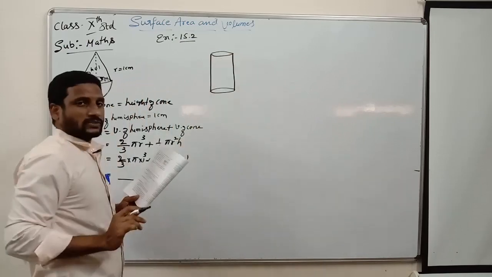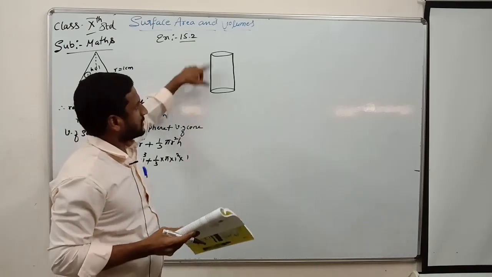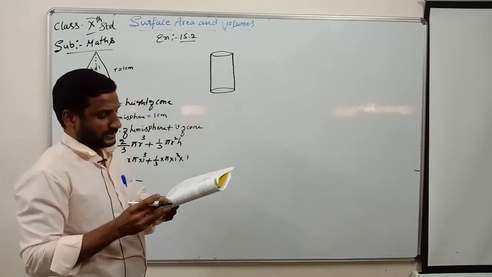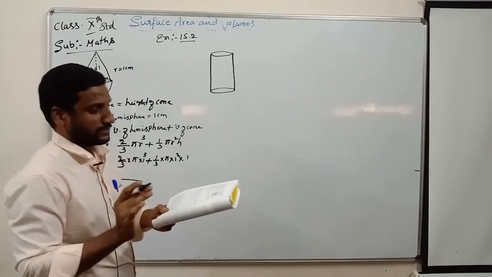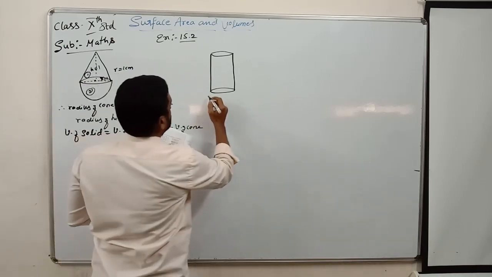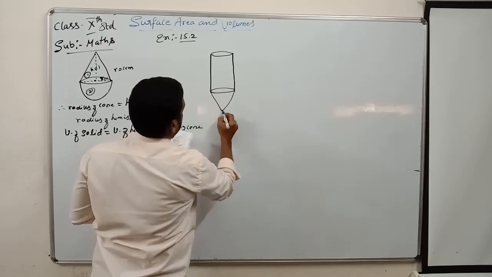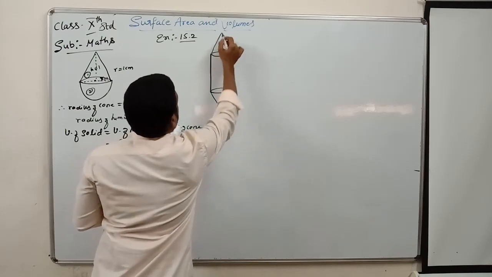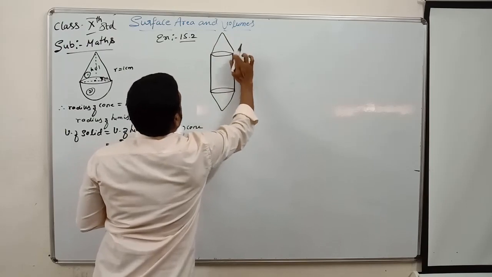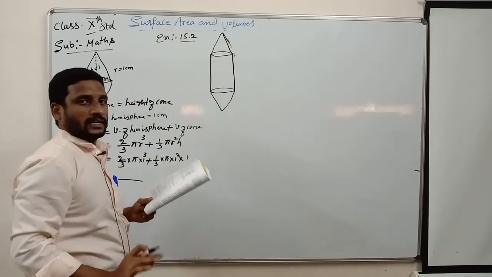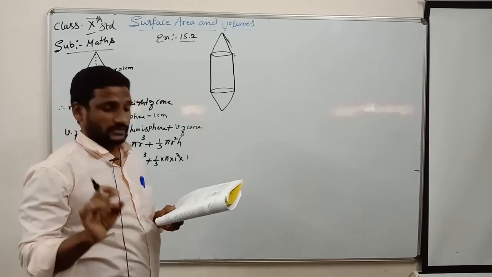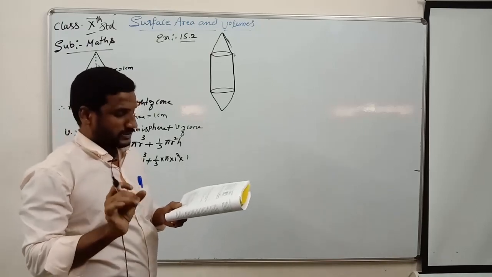At the end points of this cylinder he attached two cones. Cones means like this. Two cones are attached at the ending of the cylinder by using the aluminum sheet.